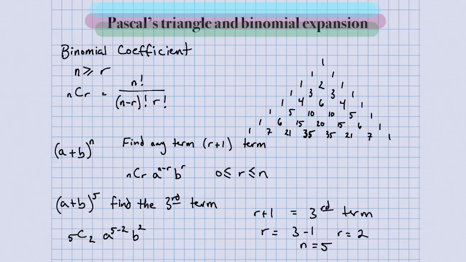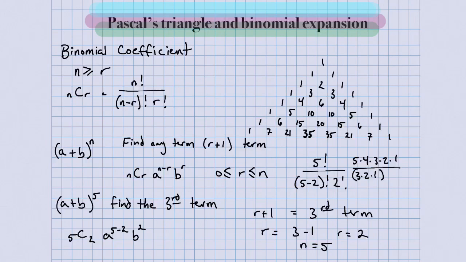Okay, so let's look at what 5 choose 2 is. I'll do that over here. 5 factorial over 5 minus 2 factorial times 2 factorial. So we have 5 times 4 times 3 times 2 times 1, divided by 5 minus 2, which is 3. 3 factorial is 3 times 2 times 1.